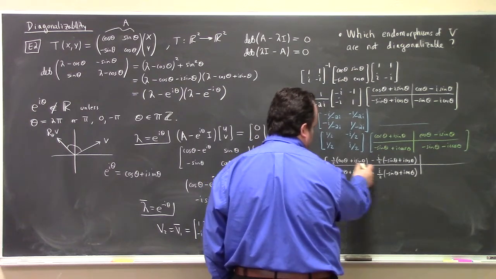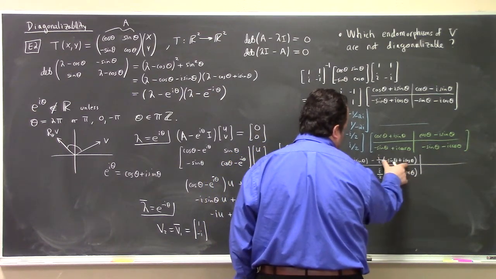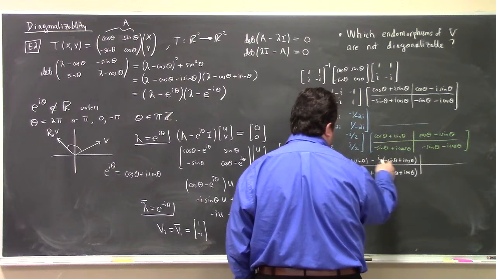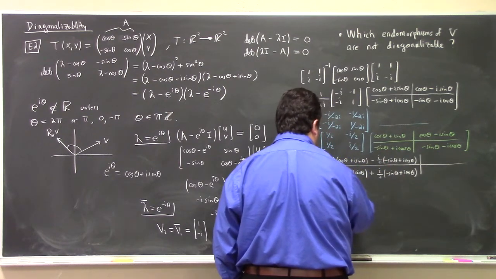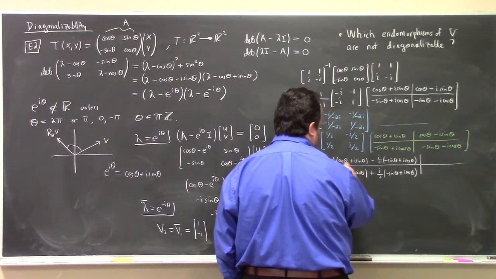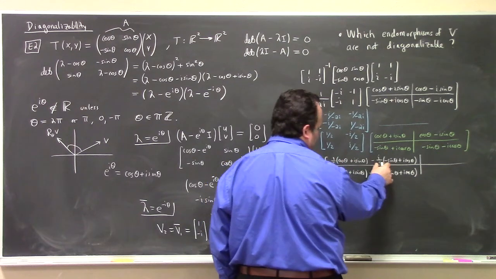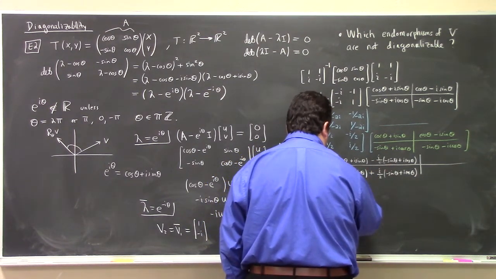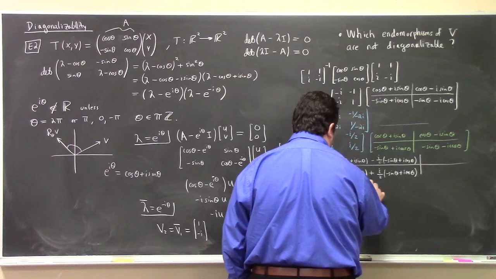This is 1/2 cosine plus, see, I squared is minus 1. So it's a half plus a half. I get a cosine theta. And I get a plus I over 2 sine theta, and then another plus I over 2. So a half plus a half is I sine theta.